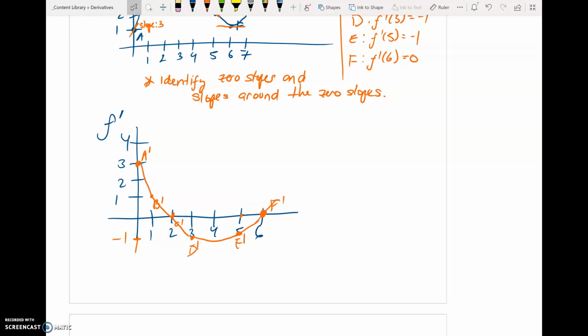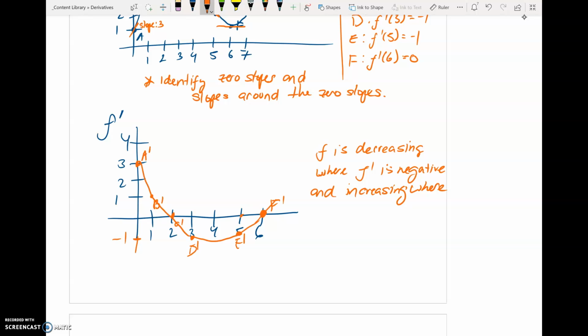In other words, we could also state that f is decreasing where f prime is negative and increasing where f prime is positive.